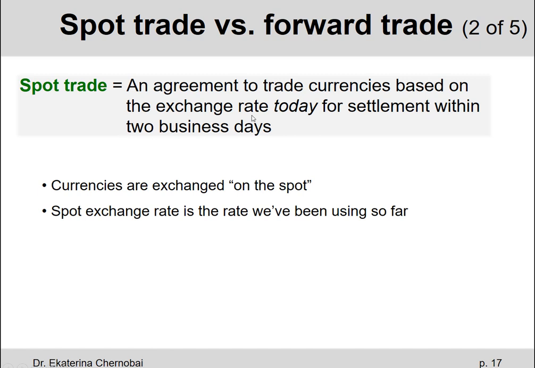There could be a 2-day delay. But within 2 days, you will be using the exchange rate from the first business day. So currencies are exchanged on the spot. I already mentioned that this is where the name spot trade is coming from. And that's the exchange rate we've been using so far in all our examples.